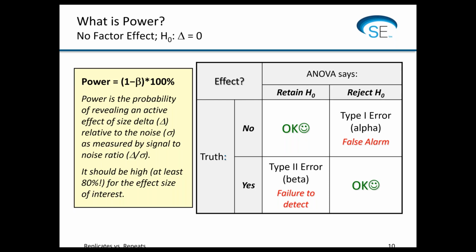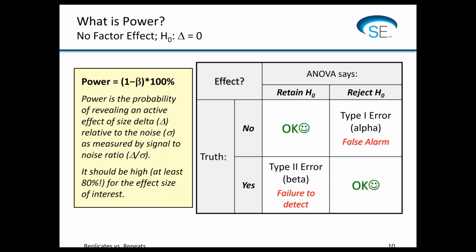And so beta is the failure to detect an effect when it exists. Now, unfortunately, the analysis of variance doesn't give us any information about what that risk is. Power does. So what power is, power is equal to 1 minus beta. So remember, beta is the risk of failure to detect, expressed as a percentage.